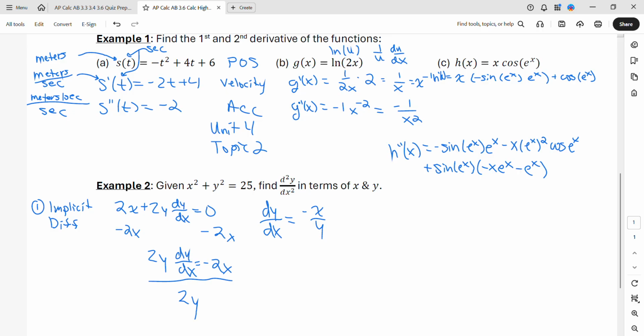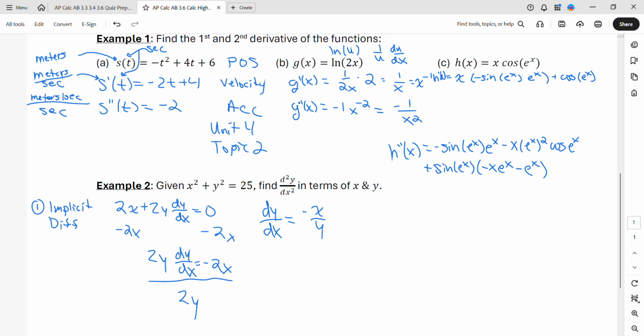So there's the first derivative. Now what we'll need to do is take the derivative of this derivative. There are a few different ways we could do this. Since it's already written as a quotient, might as well just do the quotient.